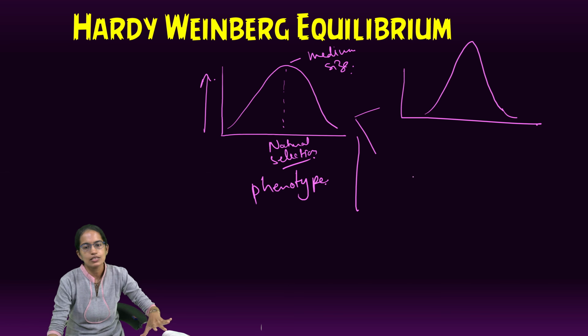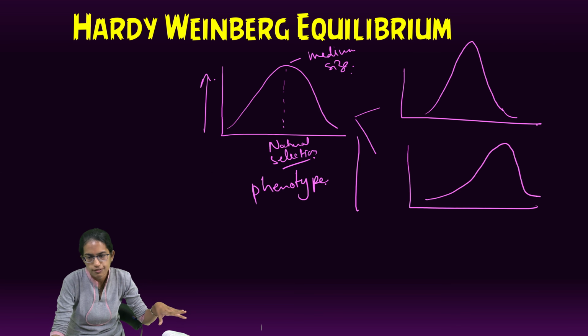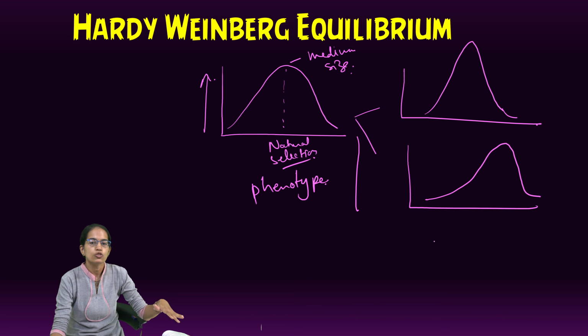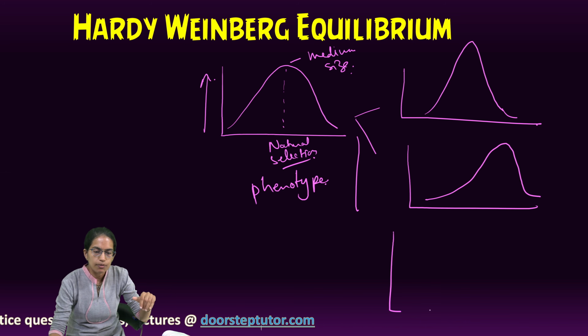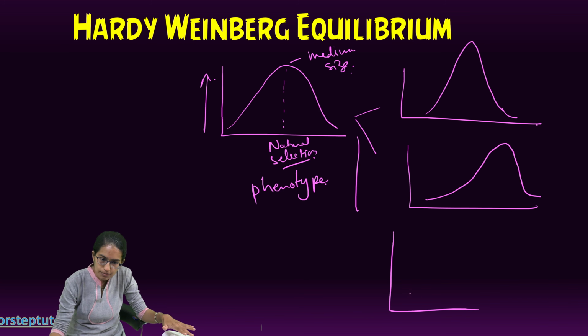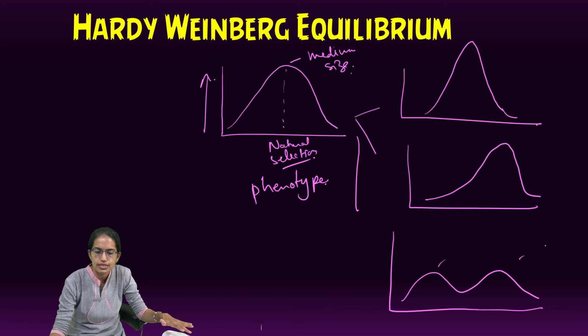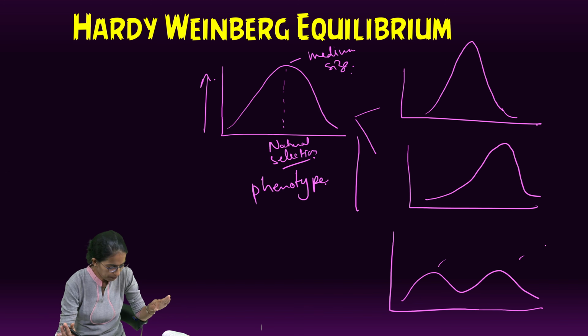The second is the directional, where my normal probability curve shifts into a particular direction. So I have more population in a given direction. The third important one that I would focus on here is a disruption, where there are more than one number of peaks. So this we call disruption. So there are more than one number of peaks which are present.